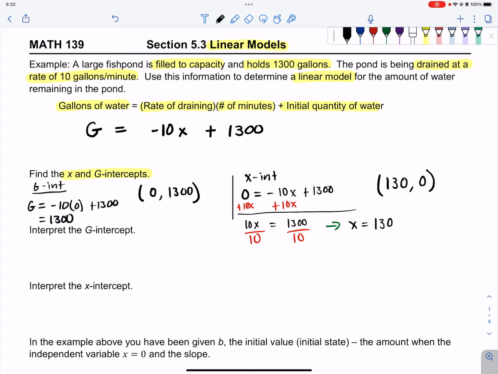So now let's interpret what these mean. This is where the ordered pairs play nicely in interpreting them, because remember, our ordered pairs are x, g. So for this g-intercept, this tells us that at 0 minutes, because our x is minutes, there were 1,300 gallons in the pond.